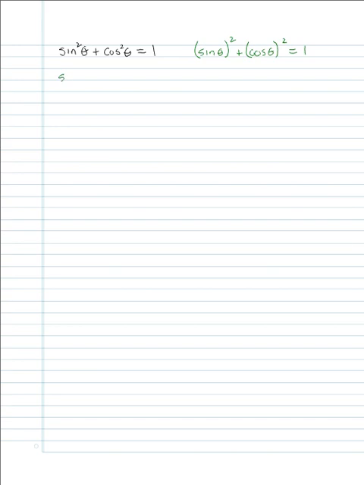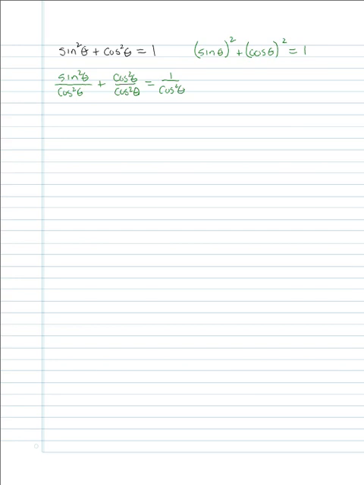That is, we're going to take the left side and divide by cosine squared theta, which is the same as dividing both terms by cosine squared theta. So we're just using the above equation and dividing both sides by cosine squared theta. Now, that results in something else very special here.